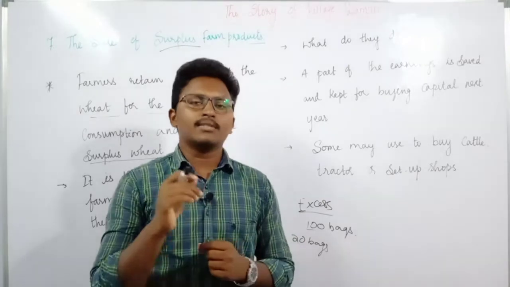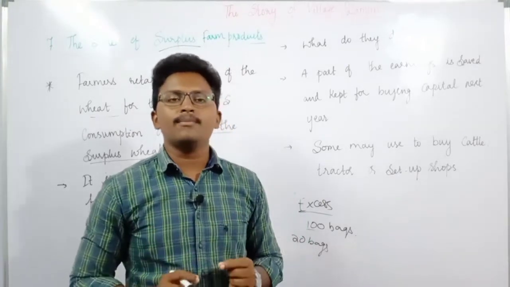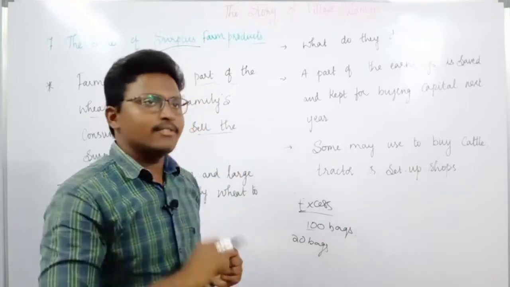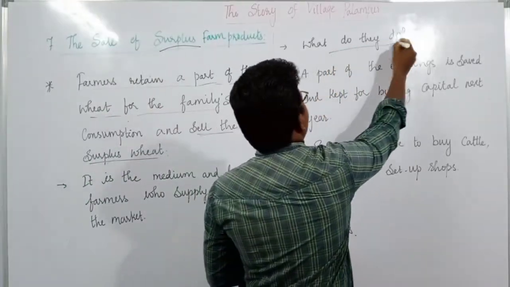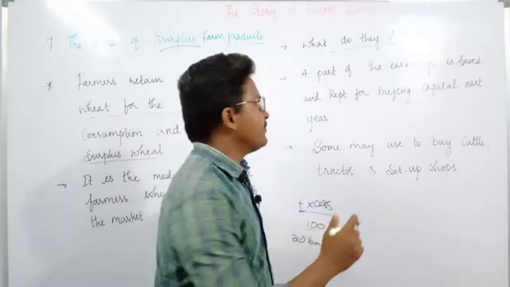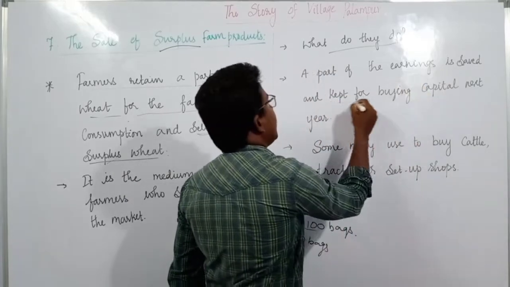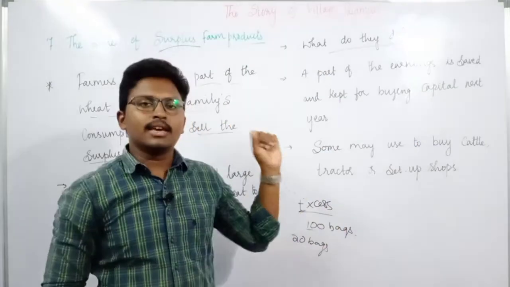After selling it, they gain some profits, or you can say they get some money. And what do they do with this money, whatever they have earned? A part of the earnings is saved and kept for buying capital in the next year.